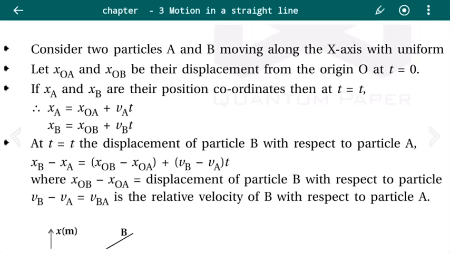In the above equation, XB is XOB plus VBT, minus XA, which is XOA plus VAT.